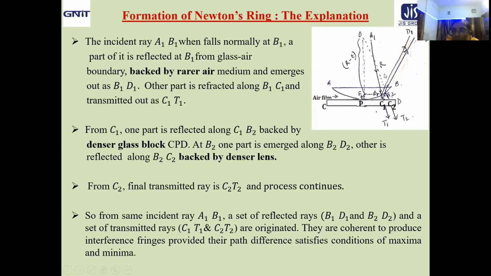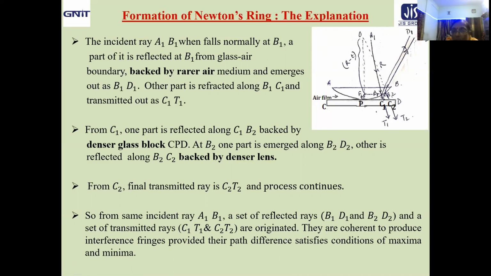That means these are coherent, because they are originating from the same incident beam, so they will be able to form the interference fringe pattern, provided their path difference satisfies the conditions of interference in the form of maxima and minima.